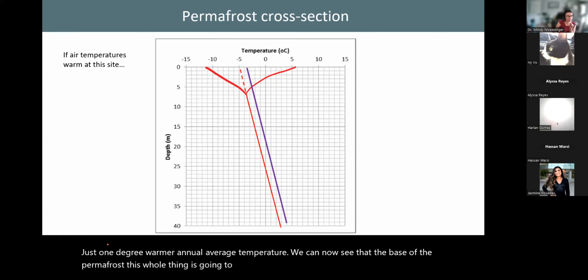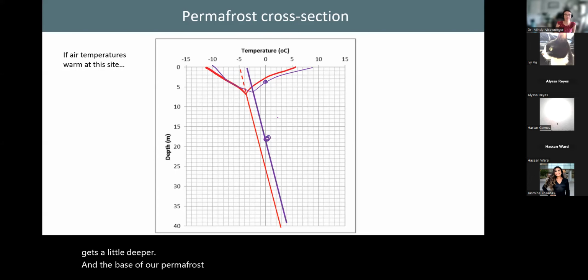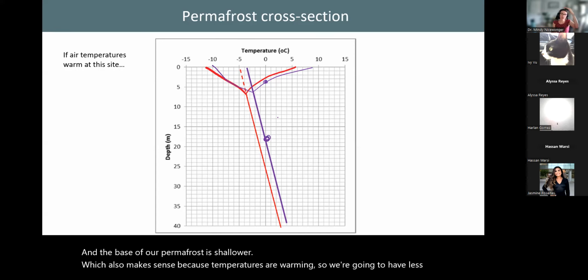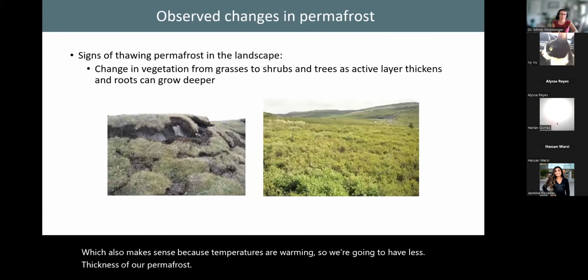It's going to be more like this and more like this. Our depth of the active layer gets a little deeper, and the base of our permafrost is shallower, which also makes sense because temperatures are warming, so we're going to have less thickness of our permafrost.